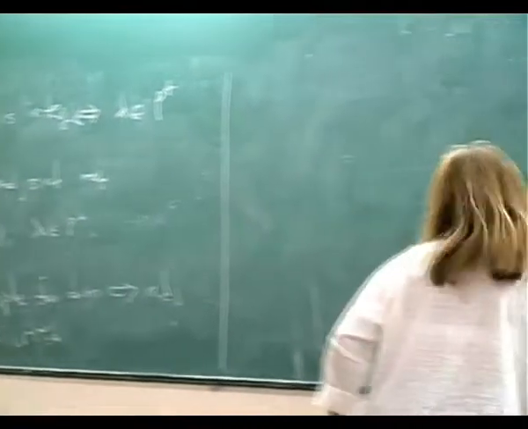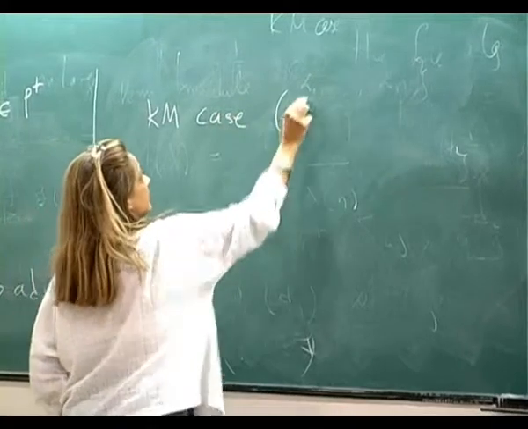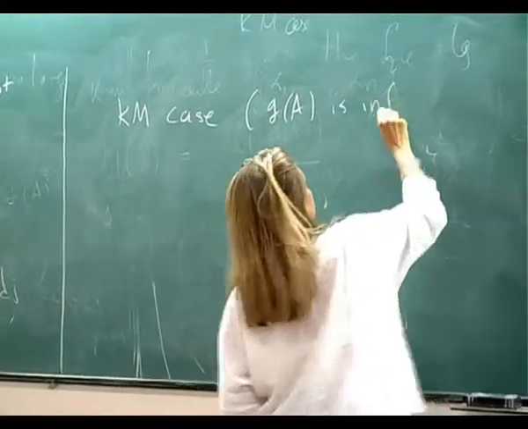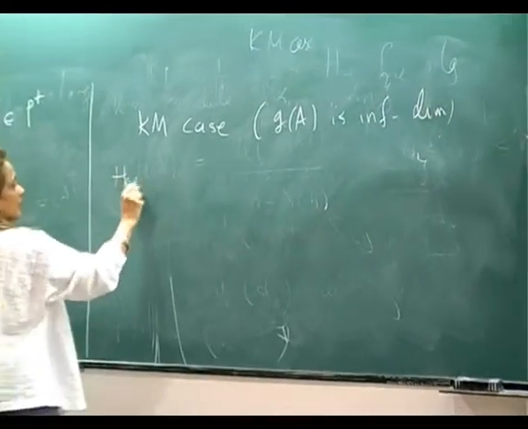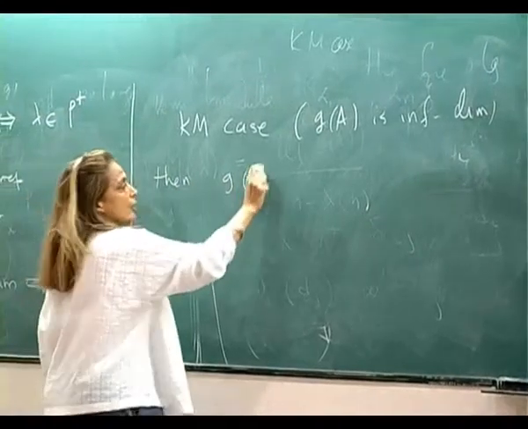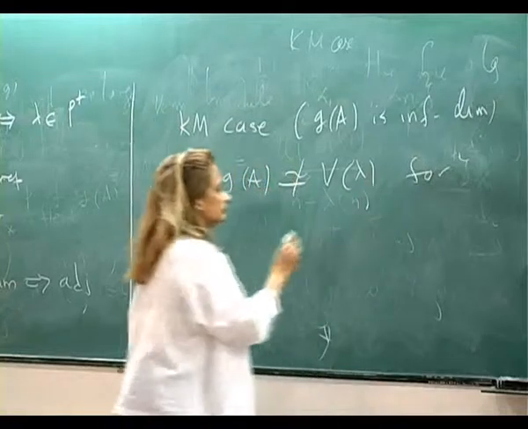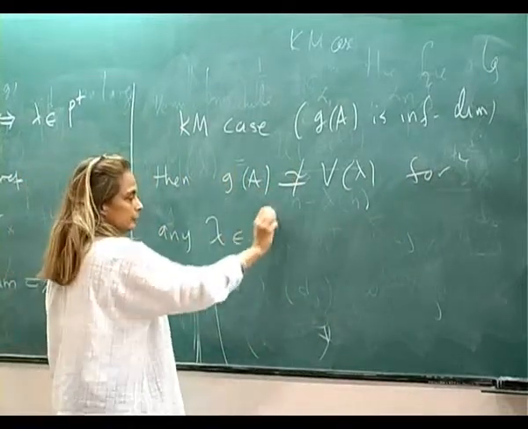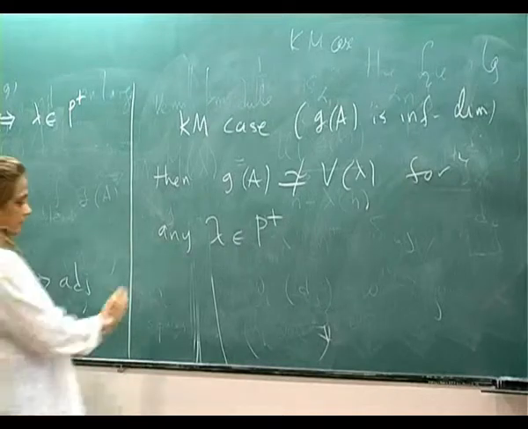So in the Kac-Moody case, g_A is infinite dimensional. Then g_A is never isomorphic to V lambda for any lambda in P plus. The reason for that is essentially the lemma that I told you.